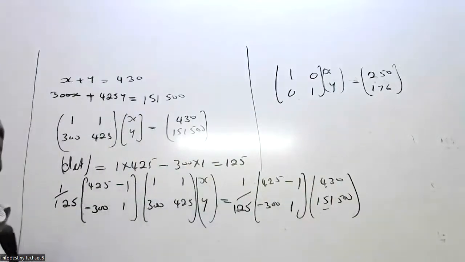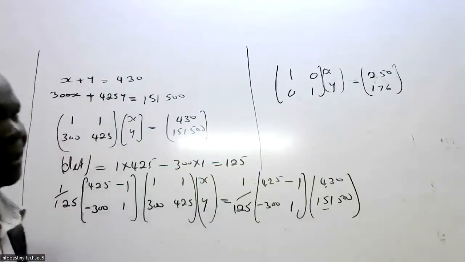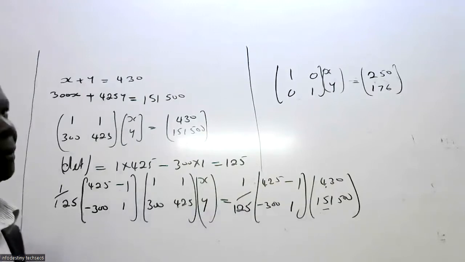So the second row will be negative 300, 400, plus 1 times this. 22.